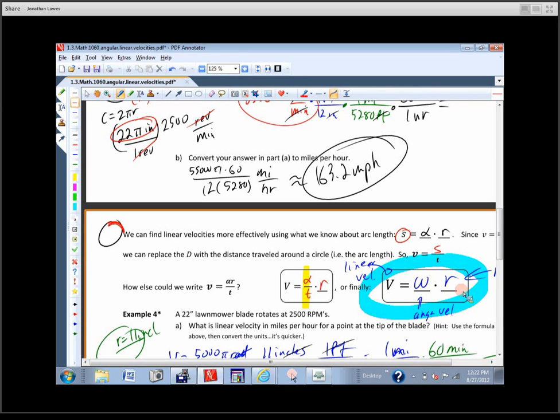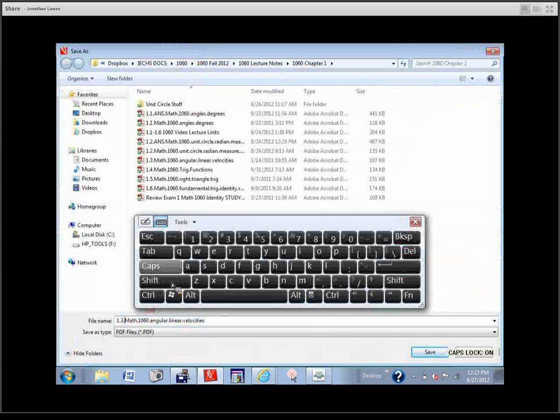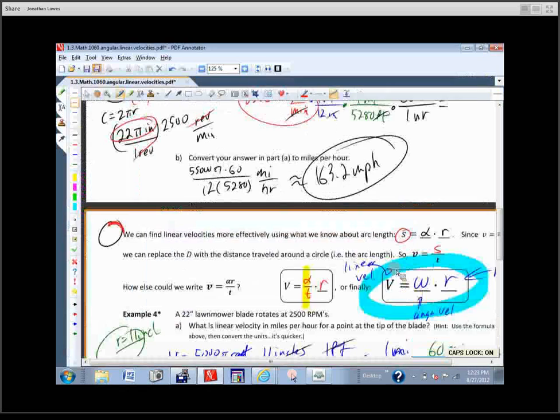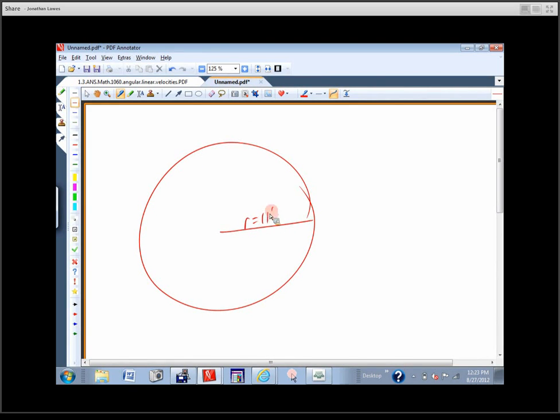like with the lawnmower blade, that 11 inches equals 1 radius. Yeah, 11 inches equals 1 radius. Okay? So if I have a circle and the radius is 11 inches, if I did 11 inches here, 11 inches here, 11 inches here, 11 inches here, 11 inches here, 11 inches here.